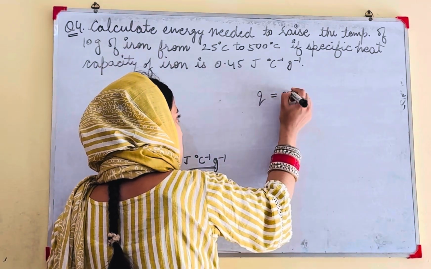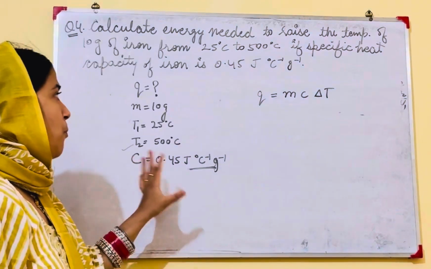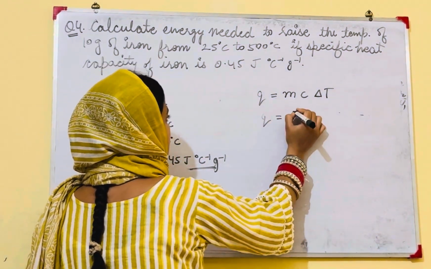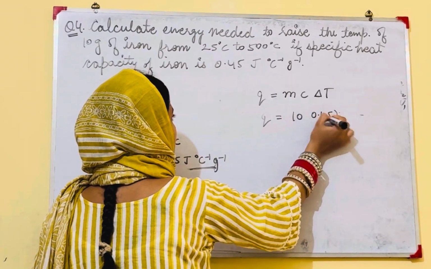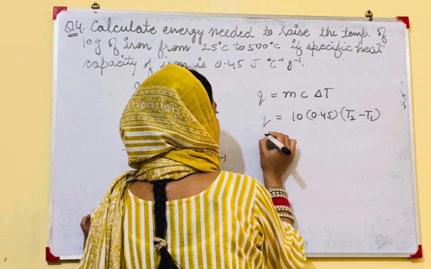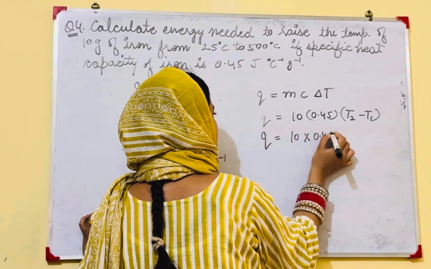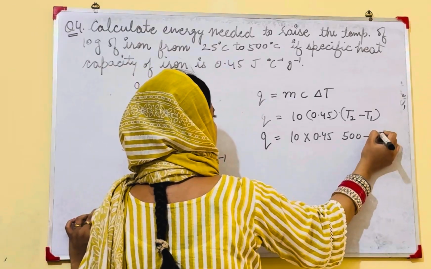Q is equal to mc delta T. Now put all these values in this formula. Q is equal to m is 10, C is 0.45 and delta T is the temperature change, which is T2 minus T1. Now Q is equal to 10 multiplied by 0.45, T2 is 500 and T1 is 25.